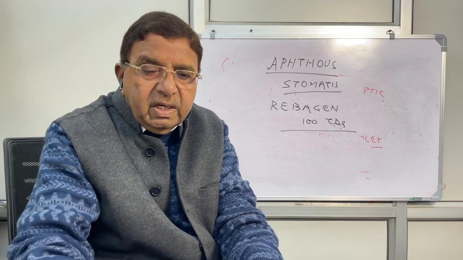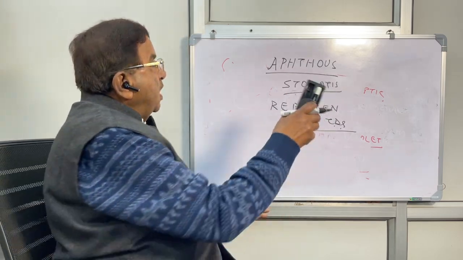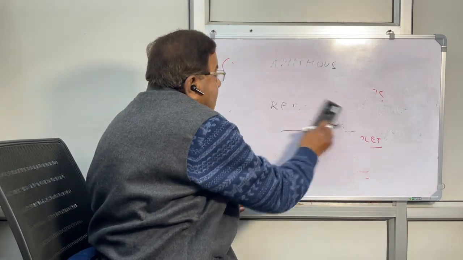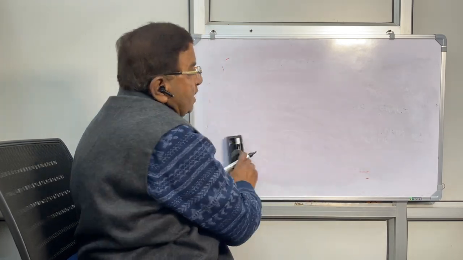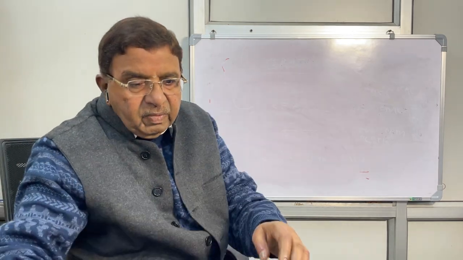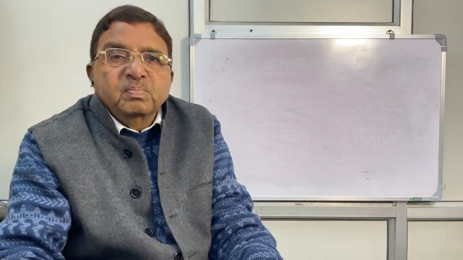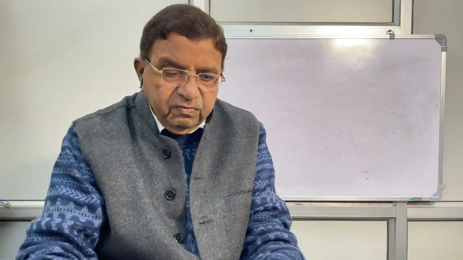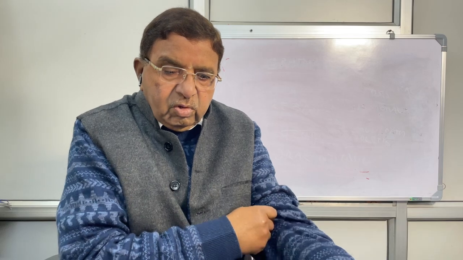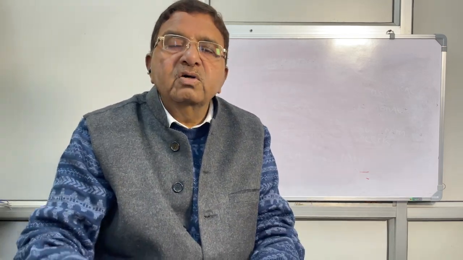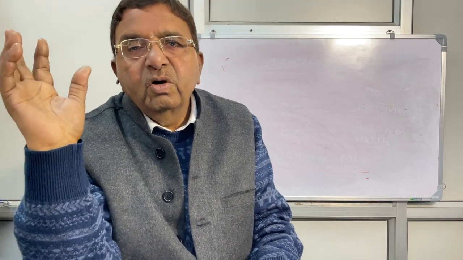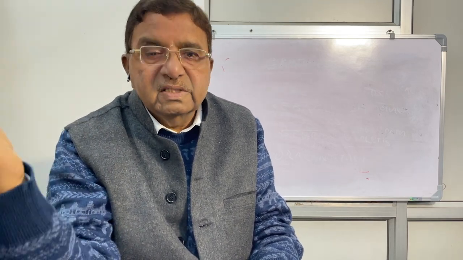Now I will be talking about a very important part of this lecture, that is systemic disease and oral ulcerations. So there are various important disorders of oral mucosa and tongue which are part of the systemic diseases or may be associated with systemic diseases.